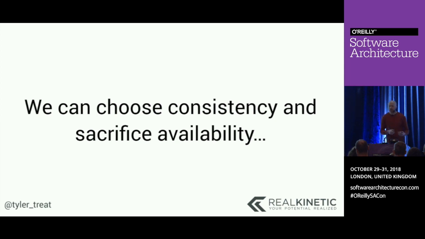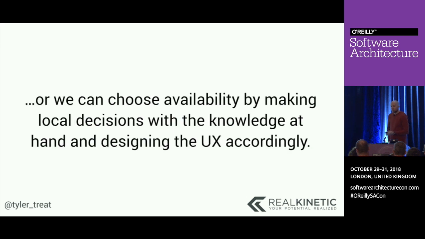We can either choose consistency and sacrifice availability, in which case I can't get my money out, and the bank potentially loses out on revenue, or we can choose availability by making local decisions with the knowledge we have at hand and then designing the application UX accordingly.